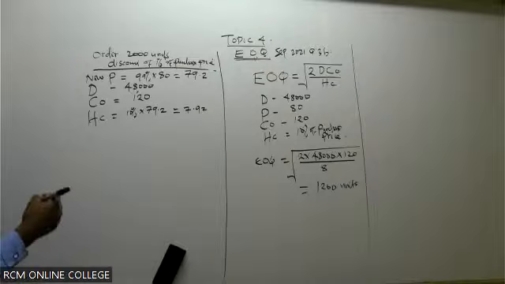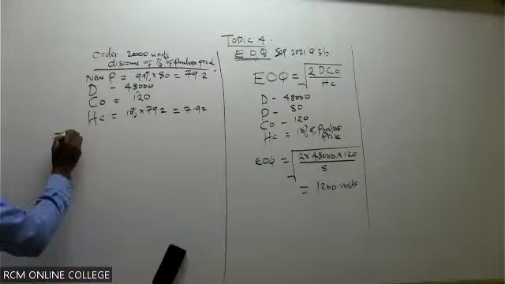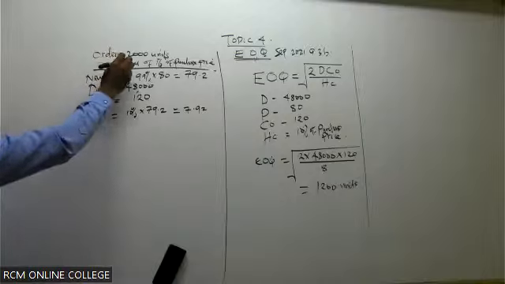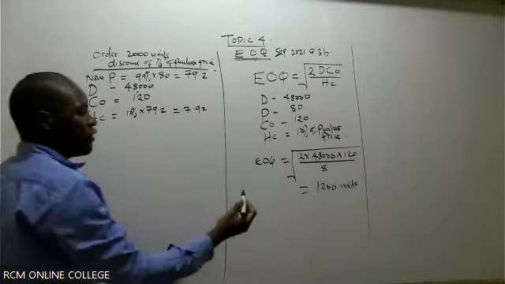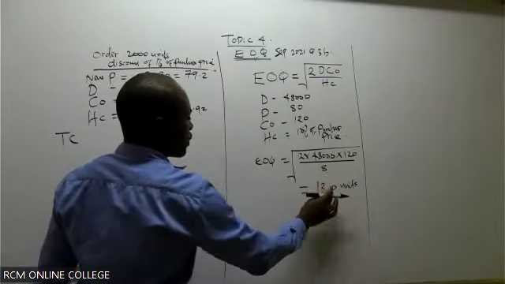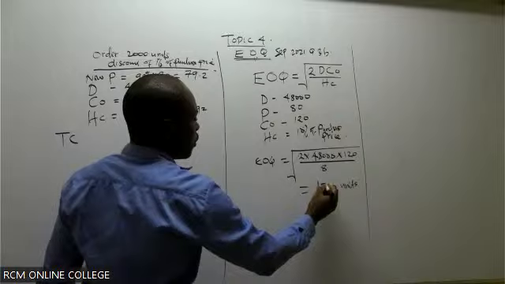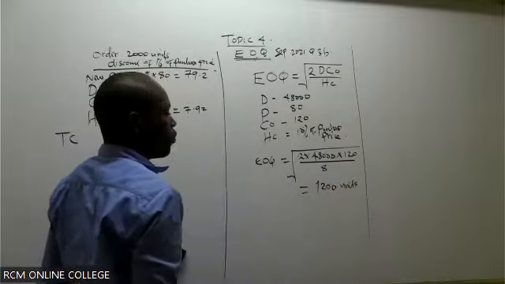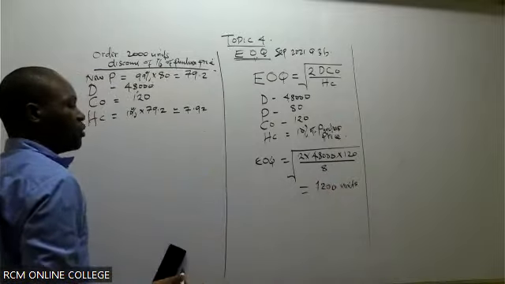Now, what they are basically asking you to do is give us total cost when we order 2,000 units, and total cost when we order 1,200 units. What will be the most effective quantity for us to minimize cost?